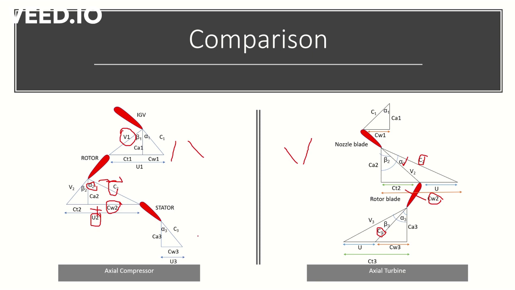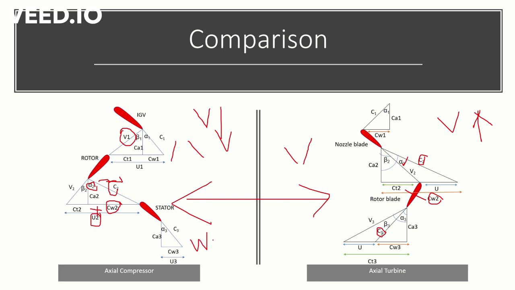This is very easy to plot and understand. The only difference is that in one the velocity decreases and in the other the velocity increases. In the work done formula a negative sign comes for the compressor, whereas in the turbine the positive symbol comes. This is the main ending of the axial turbine. I think it was very easy to understand, and let's see the next topic in the next videos. Thank you.